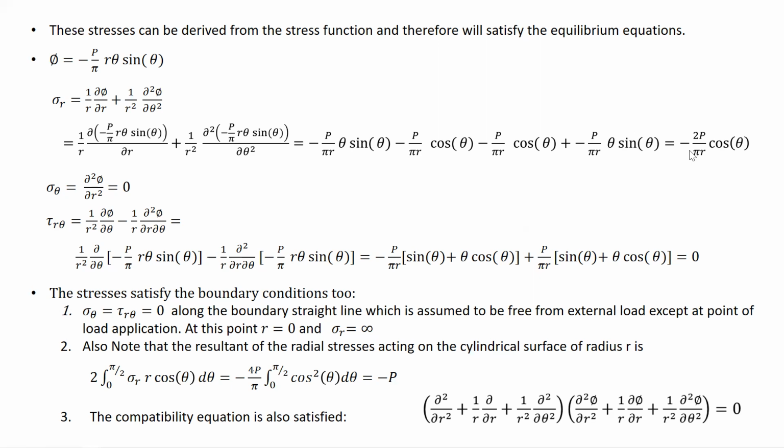You would see the same stress that we defined in the previous slide is obtained. Derivative of phi with respect to r twice, it is of r to the power 1, so second derivative would be equal to 0. Shear is defined by this expression in polar coordinate system. Get the derivatives accordingly, simplify, you would see that the shear stress is 0. So the area function that I defined on the top would give me the same stresses. So we can begin from that.